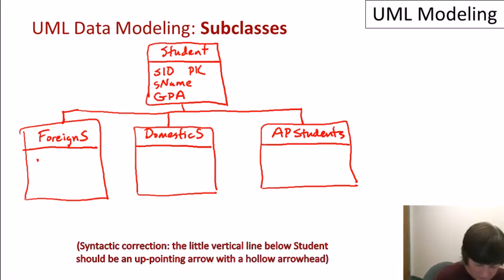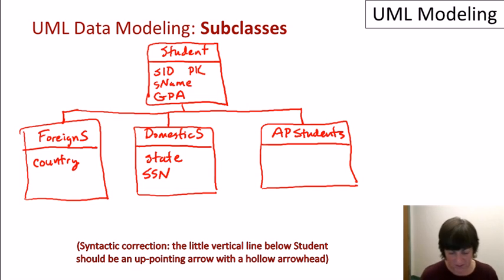And we'll say that foreign students have, in addition to a student ID, a student name, and GPA, a country that they come from. We'll say that domestic students are going to have a state that they come from, and we'll also say that they have a social security number, which we don't know that foreign students would necessarily have. AP students, interestingly, is going to be empty.